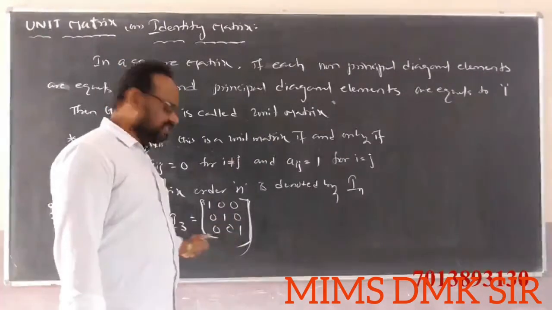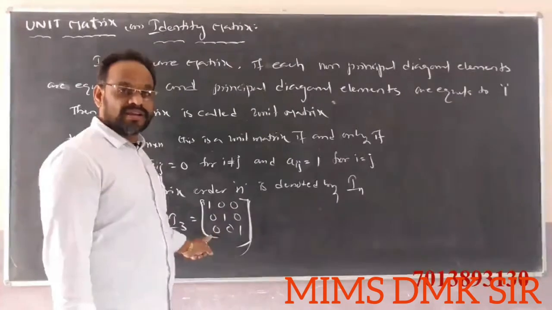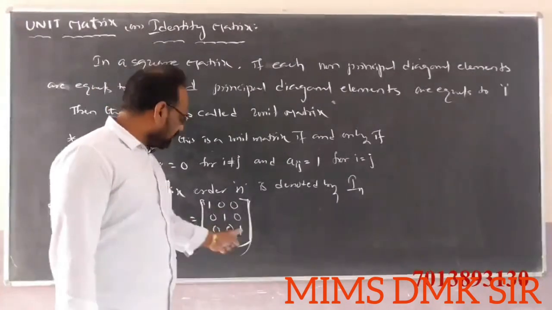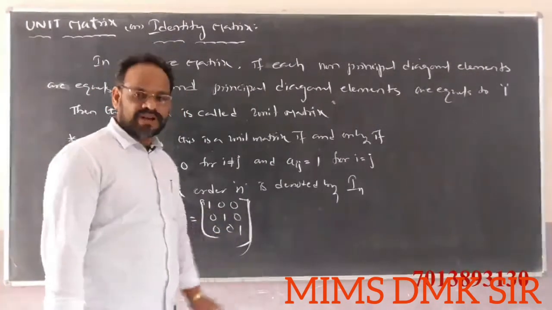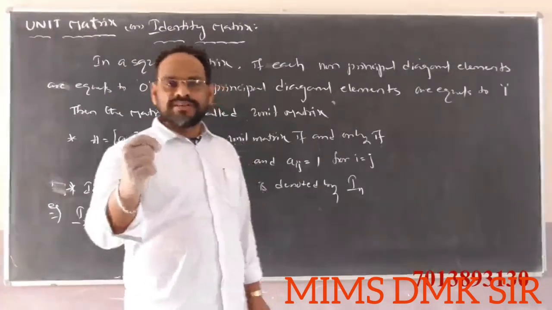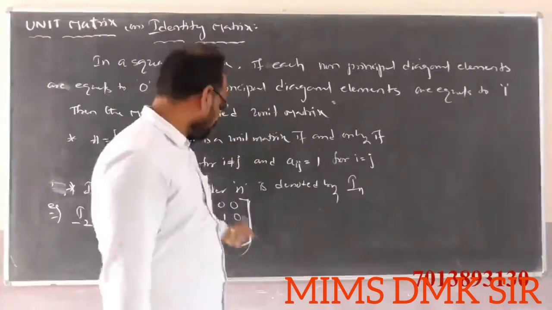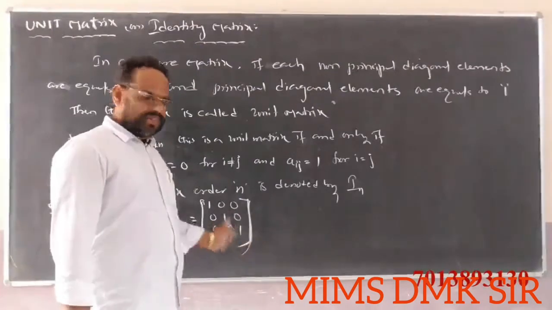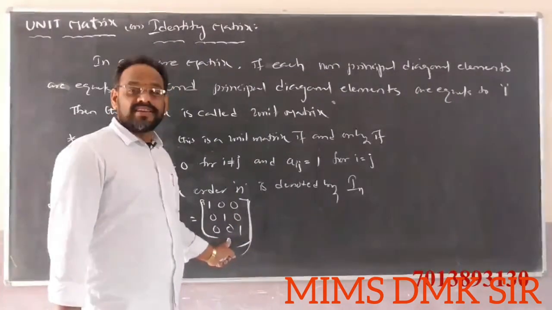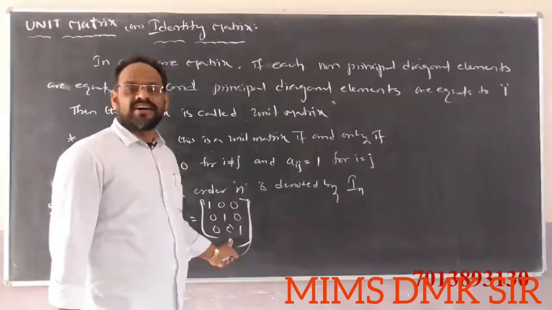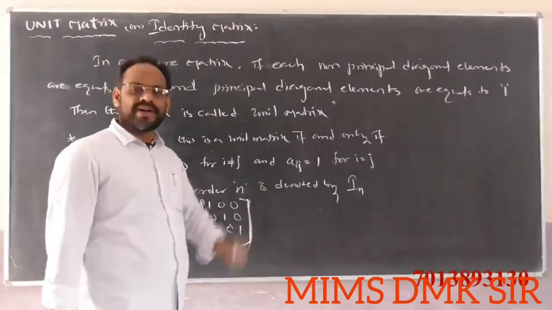Non-principal diagonal elements are equal to zeros, and principal diagonal elements are equal to some constant 1, always 1. So this is a unit matrix or identity matrix.